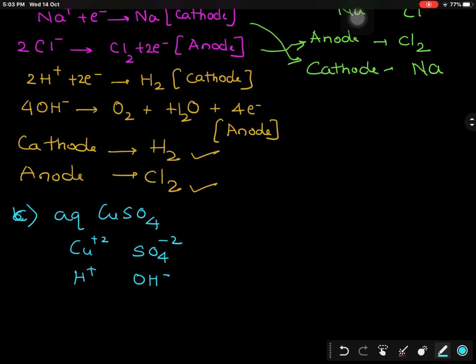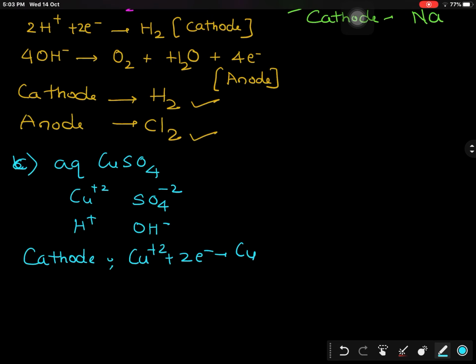We have to decide, out of copper plus 2 and H plus, who will go at cathode faster. That means who has a higher reduction potential. So as per EMF series, copper has more positive reduction potential than hydrogen. And that is why at cathode, copper will undergo reduction to deposit as Cu. This is the cathode product.